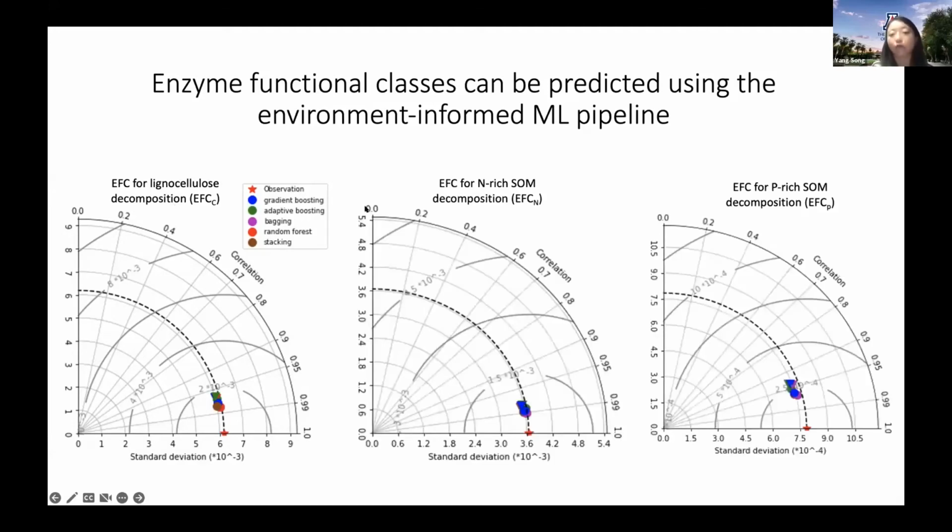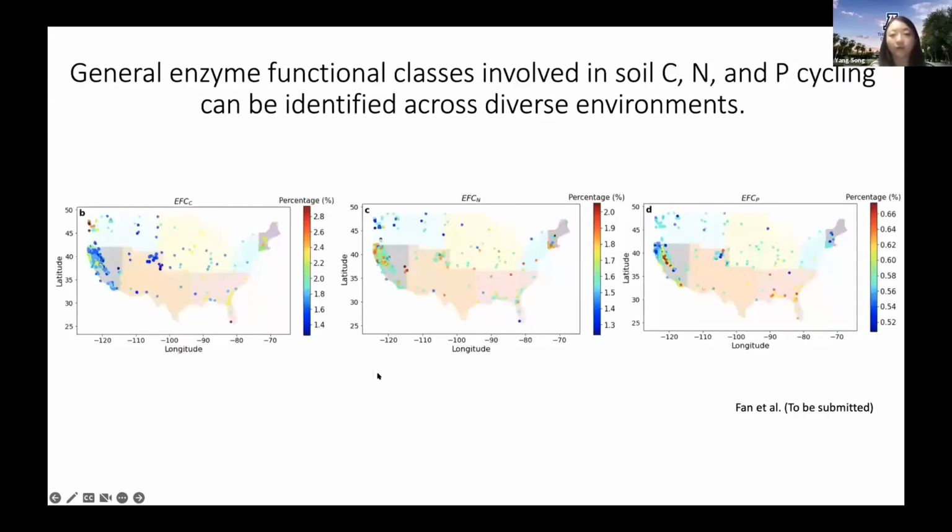The same thing here, we also checked the EFCs for the nitrogen-rich and phosphorus-rich organic matter decomposition. We found very similar results, but again, for phosphorus, compared with nitrogen and carbon, the prediction ability is relatively low. So this is our machine learning result.